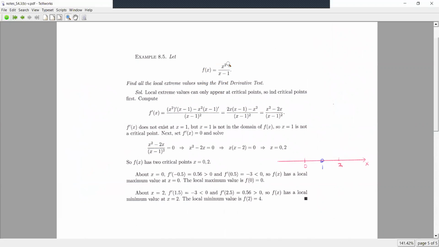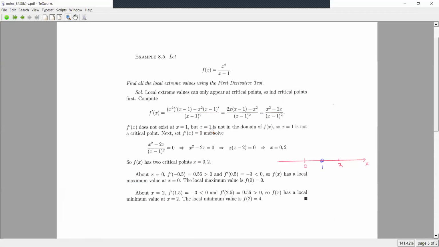Now compute the derivative of this function. This function is a quotient, so use the quotient formula to get the result. This is the derivative of the function f. The derivative has a denominator, so when the denominator is 0, the derivative doesn't exist. The derivative doesn't exist when x is 1.